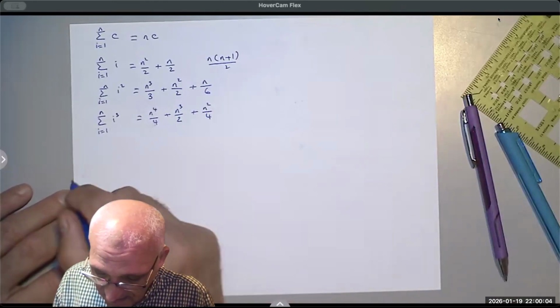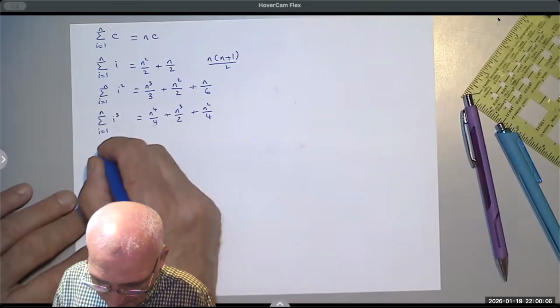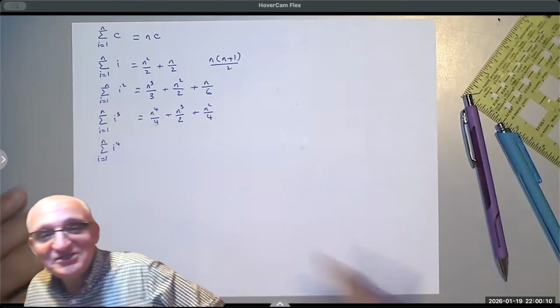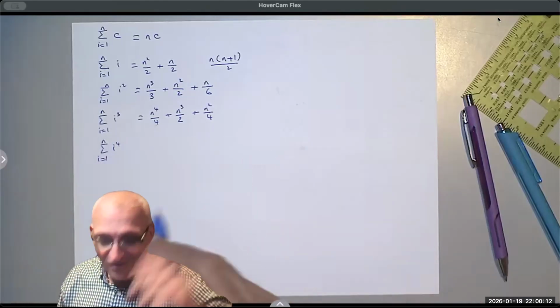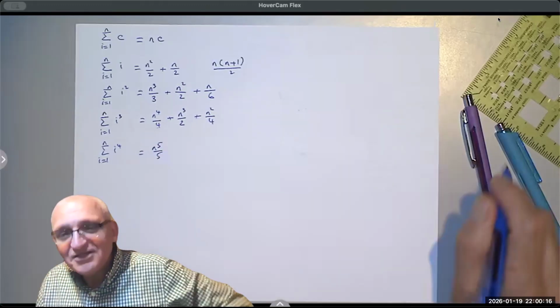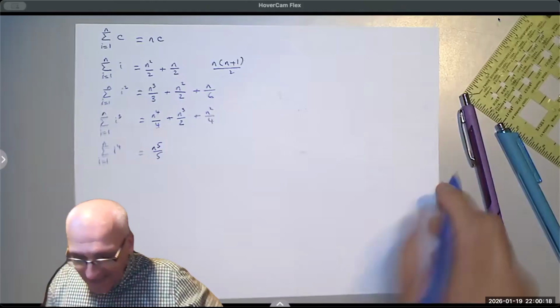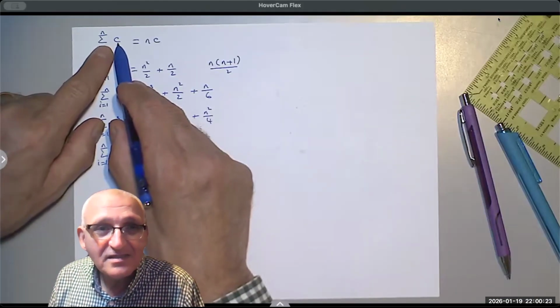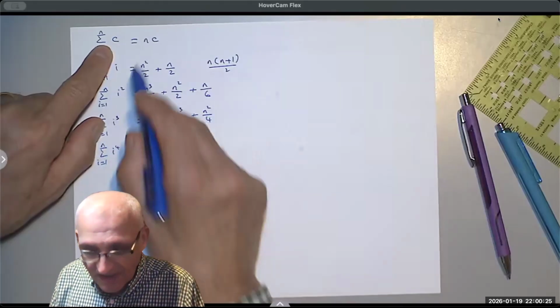In fact, if I want to give you another one, but you will never need it, they will never give you a problem where you have to sum I to the 4th, but this would be n to the 5 over 5. Oh, you expected that, right? It's as if I'm integrating with respect to n. The value c, which is constant, you get cn.